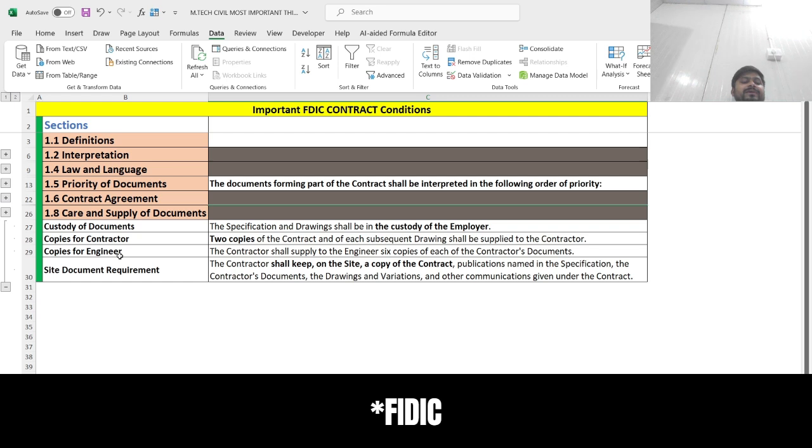Of the specifications and drawings, only two copies will be issued by the employer to the contractor.